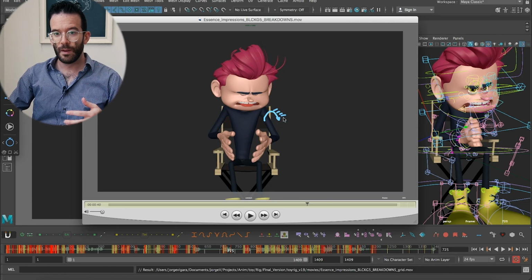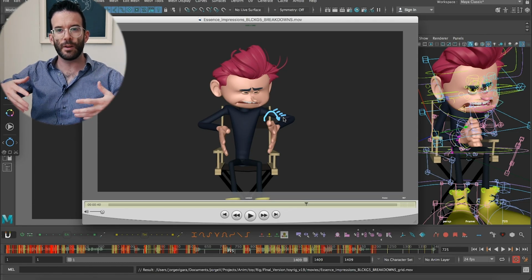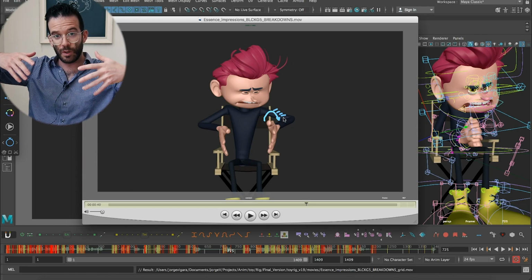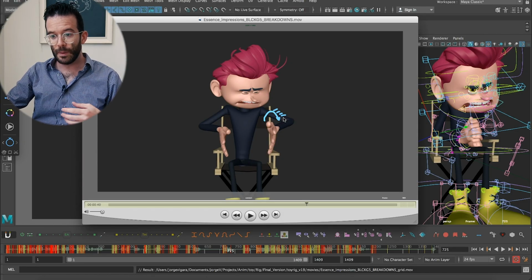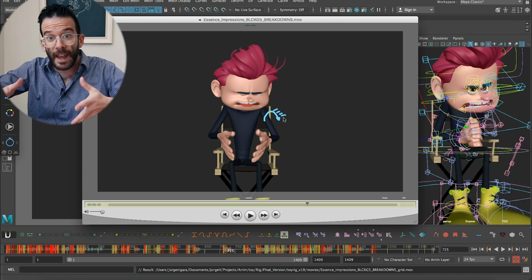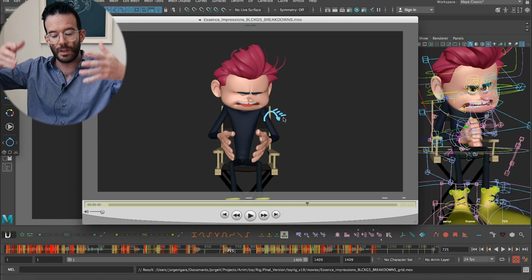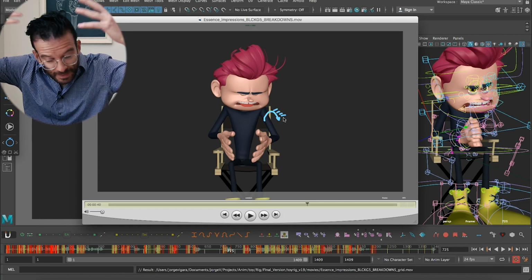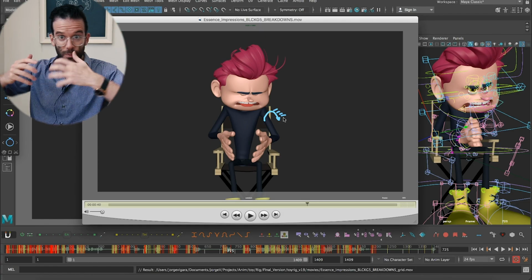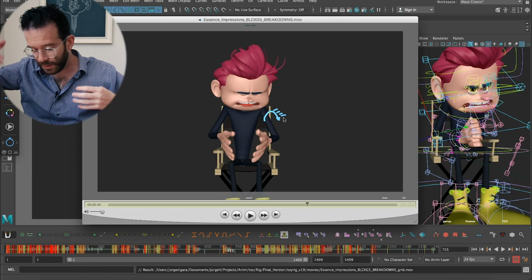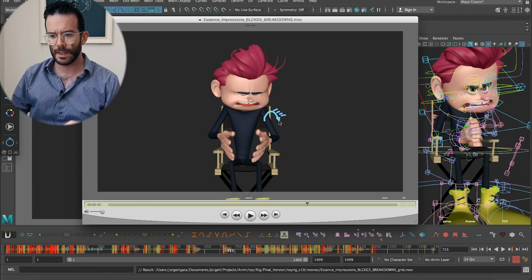You see how the end of the overshoot, which is coming down, brings the hands down and continues that movement for the next transition, or for the next breakdowns that lead us to that gesture where he's like, right?